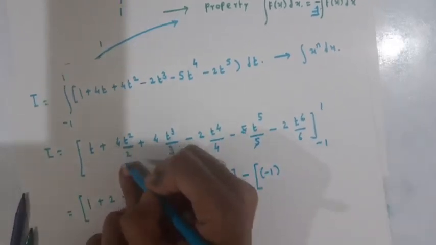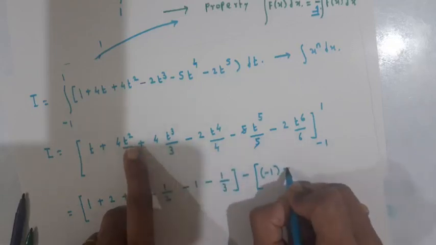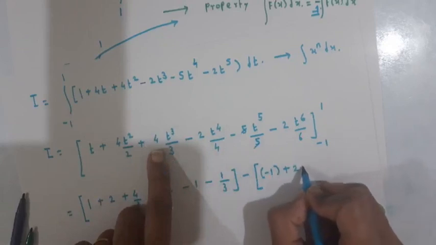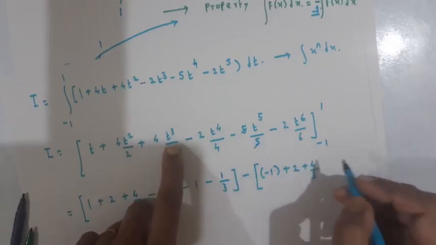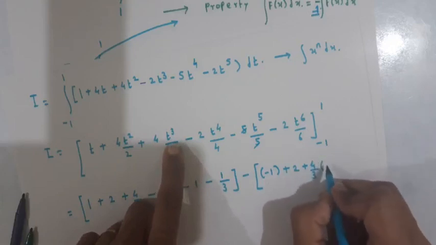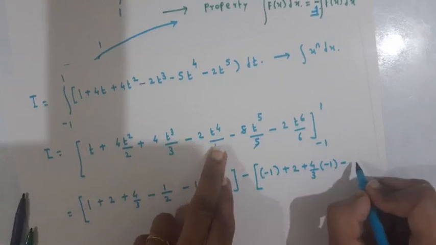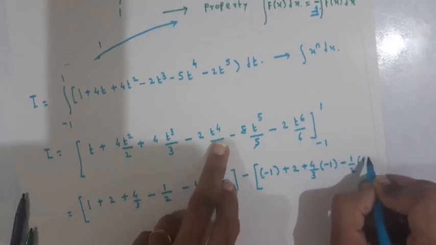Plus 4 by 2 is 2, 2 into minus 1 square is plus 2. Okay, now 4 by 3 as it is, plus 4 by 3 as it is, t raised to 3 is minus 1 raised to 3 is minus 1, minus 2 by 4 is 1 by 2, t raised to 4 is 1.